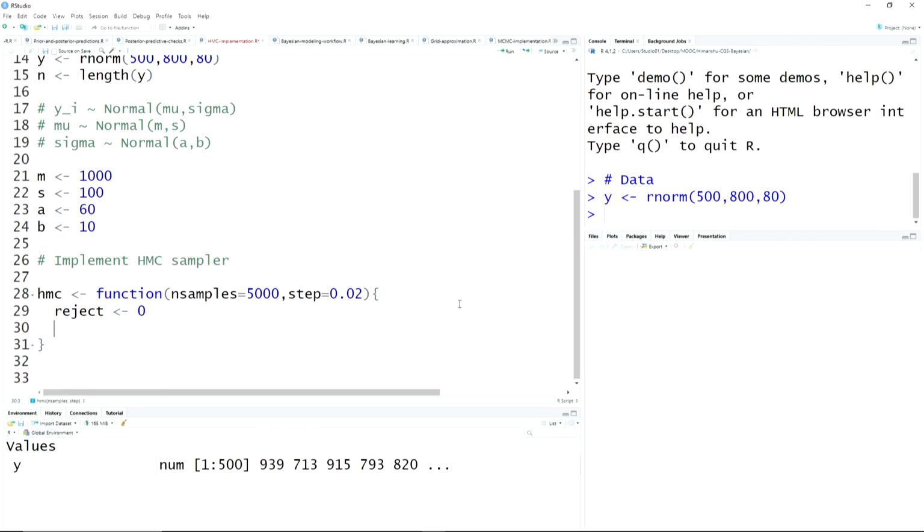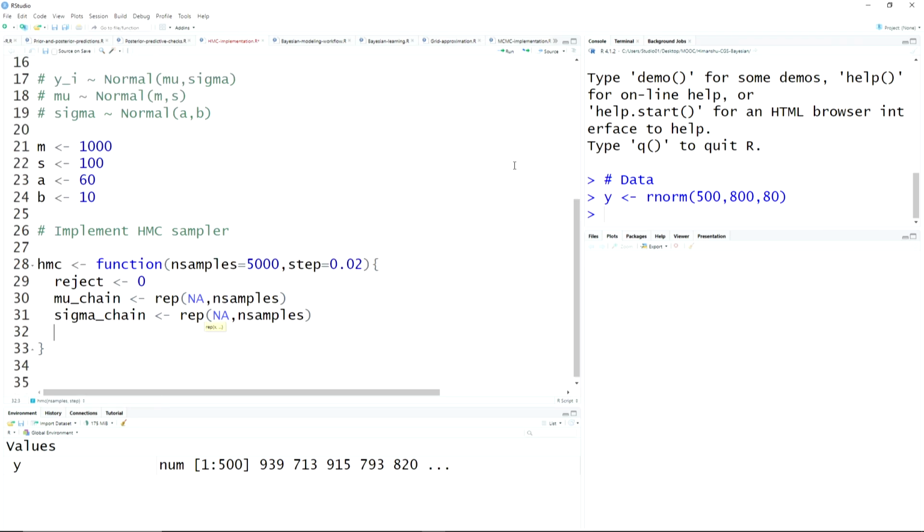So this is all fine. Now how do I begin? I will first create empty chains, right? So I will create first an empty mu chain of N samples, then a sigma chain containing N samples, right? Then I will need to initialize these Markov chains.